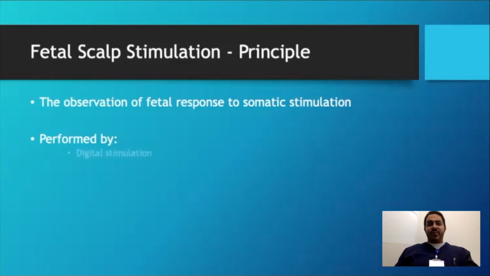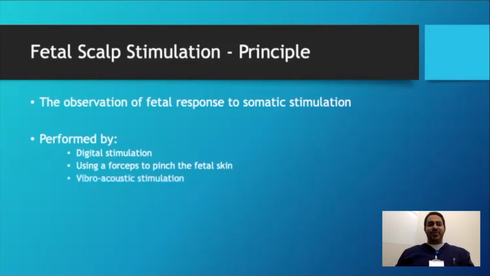So we can digitally stimulate this baby, or we can use something that causes pain, which is actually how fetal stimulation was designed. Please don't use that as a first resort. Or we can use sound, where Dopplers and ultrasounds create a high-pitched sound of some sort.